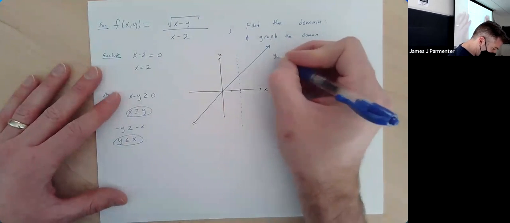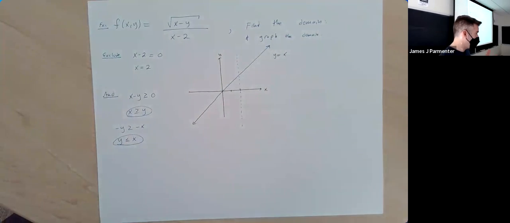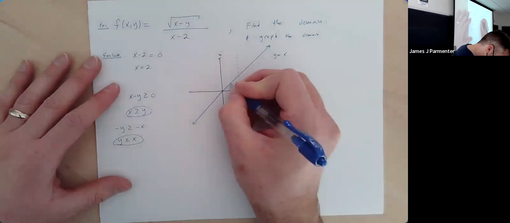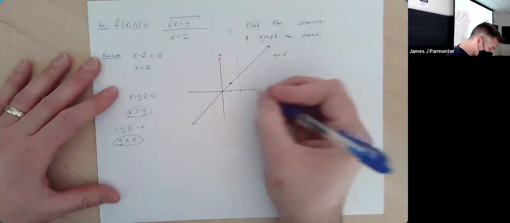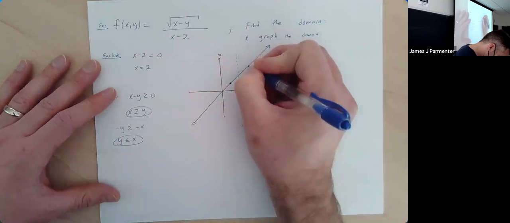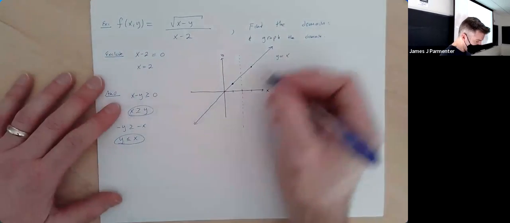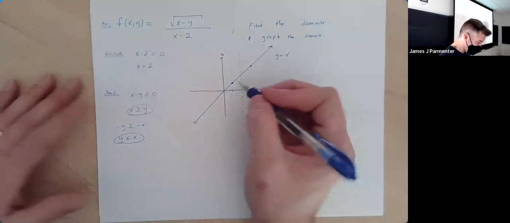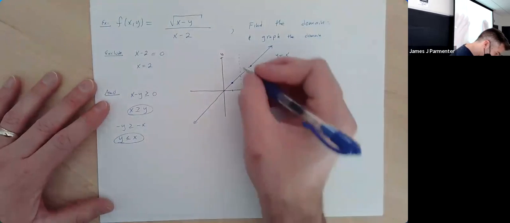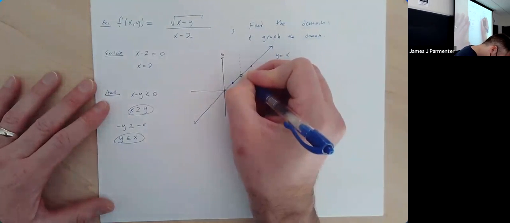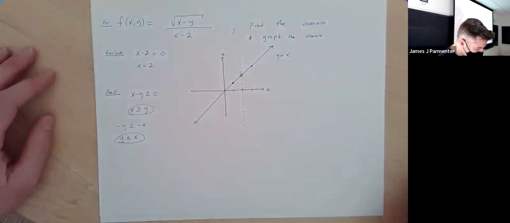It's totally fine for y to equal x unless they're both 2. That'd be a problem. But if y and x are both 3, that's totally in the domain. The point 1, 1 is in the domain. The point 3, 3 is in the domain. Any point on this line is in the domain except for the point 2, 2. I might draw a little open hole here, just to make sure it's extra clear that that's not in there.